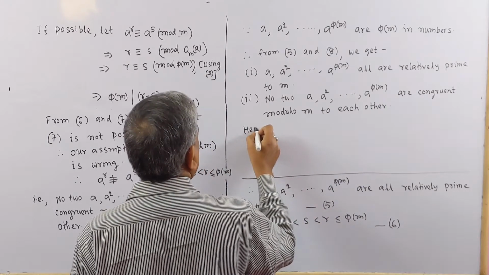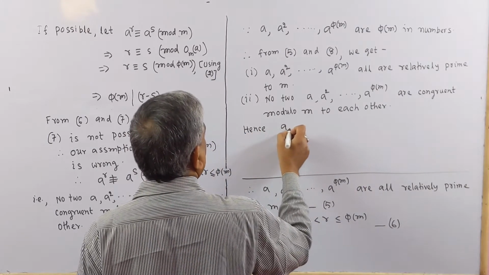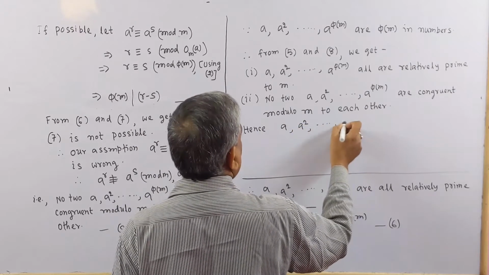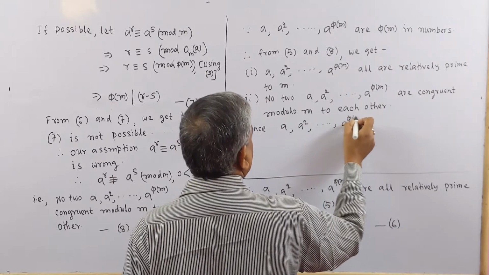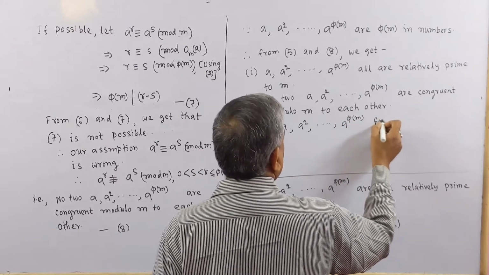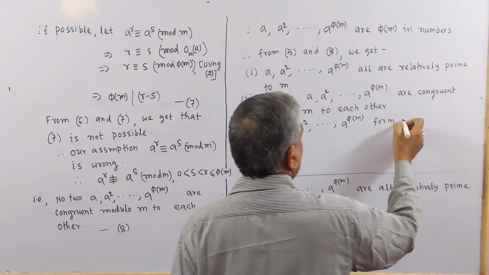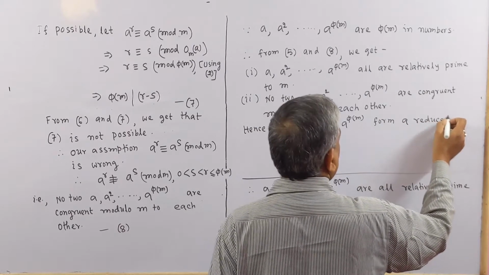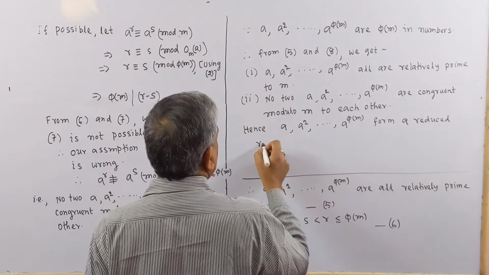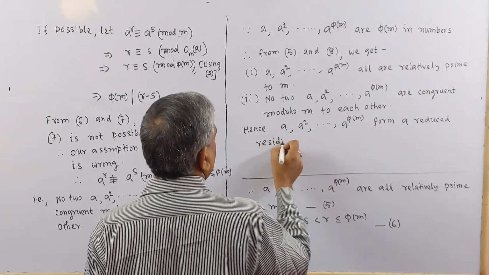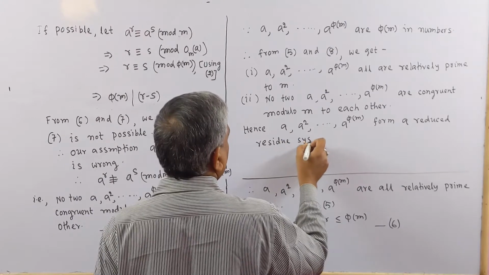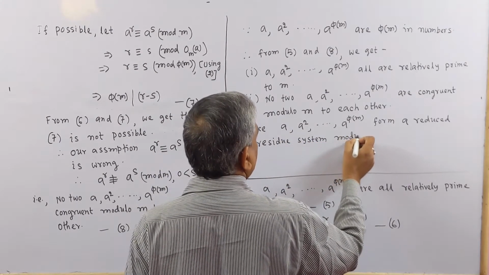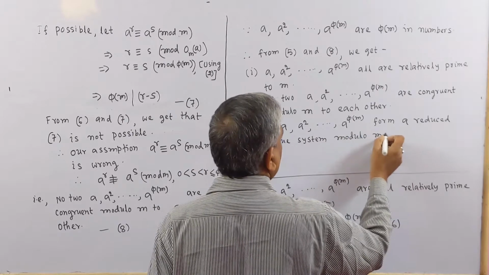Hence, a square, comma, dot dot dot, a to the power phi m form a reduced residue system modulo m. Proved.